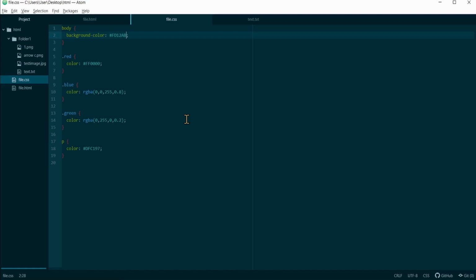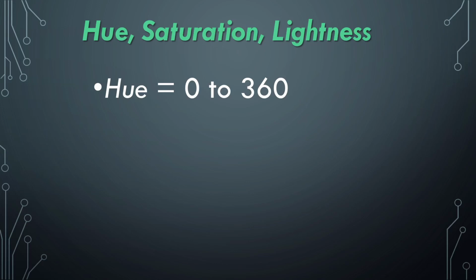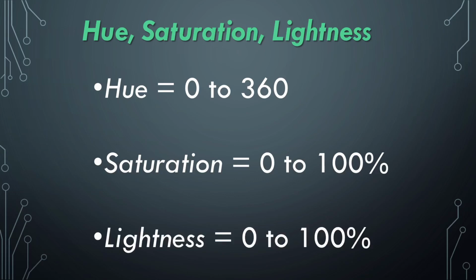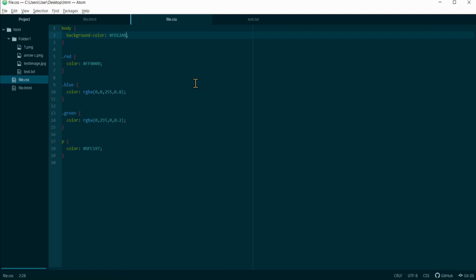Great, now that we know RGB and hex values, let's go ahead and see HSL, which stands for hue, saturation, and lightness. HSL accepts 3 parameters. First, the hue, which is from 0 to 360. Second, the saturation, from 0 to 100%. And the lightness, also in percent. So, if I want the color red, I'm gonna go ahead and go to this class selector.